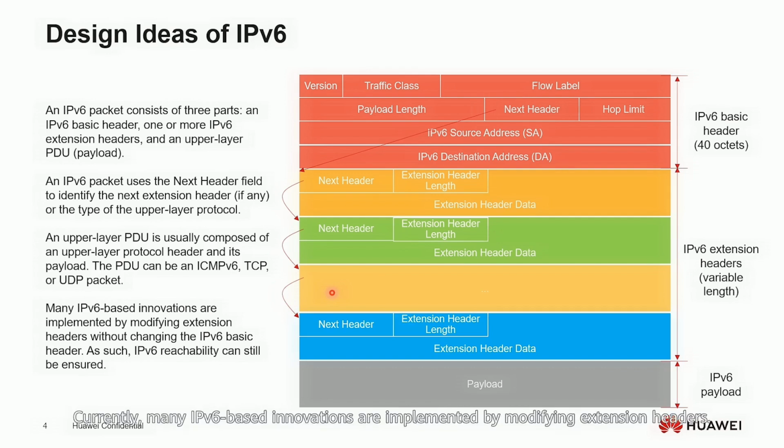Currently, many IPv6-based innovations are implemented by modifying extension headers. What are the advantages of doing so? The structure of the IPv6 basic header is not changed. In most cases, a device only needs to process the basic header to forward traffic, ensuring IPv6 reachability.